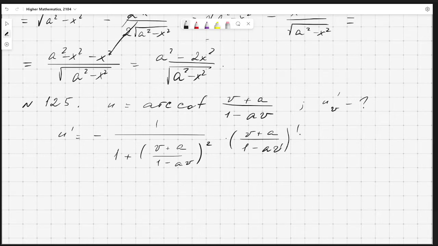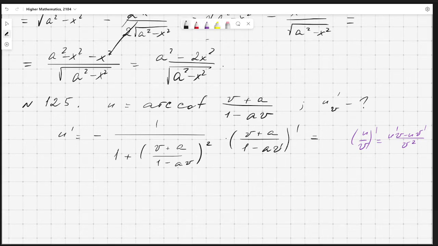In argument we can see the quotient. Derivative of quotient is u prime v minus u v prime over v squared.